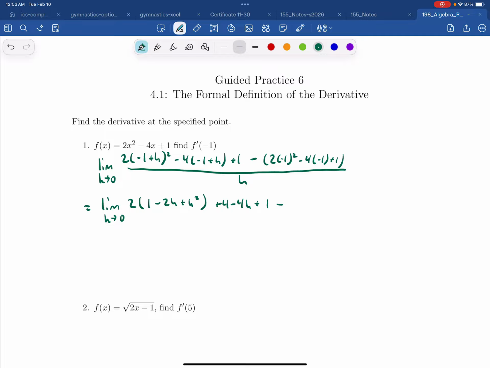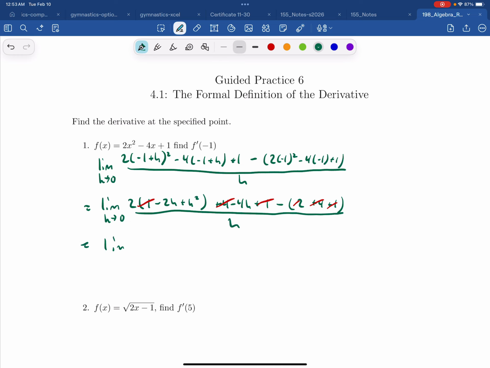And then this is going to be minus, I'll do this in parentheses, 2 plus 4 plus 1. Okay? And notice the 1's cancel, the 4's cancel, and the 2's cancel. Right? And this is all over h.